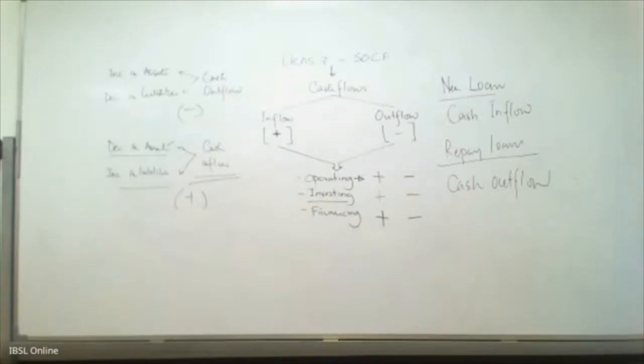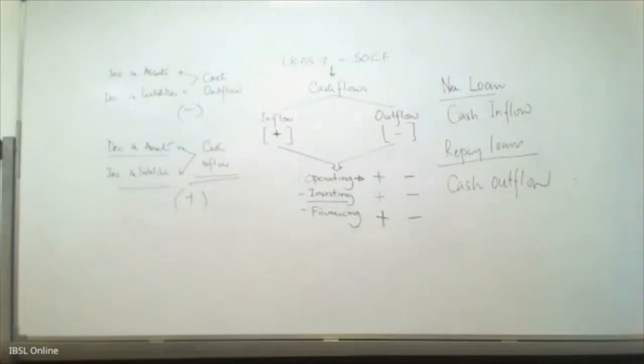Now how do I make the provision? I will debit my P&L water bill expense and credit water bills payable. Now where is the involvement of cash here? No cash. There is no involvement of cash. But because of this adjustment, my profit has gone down.